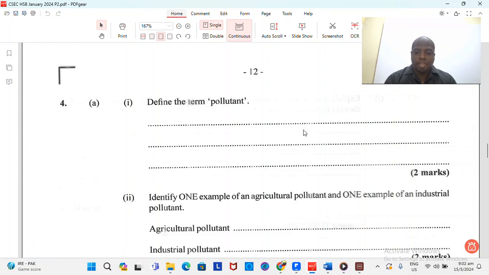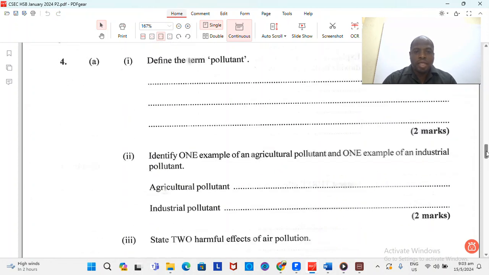So this is a substance that when you introduce it into the environment, it will cause ill effects on the humans or the organisms that are living within that environment.